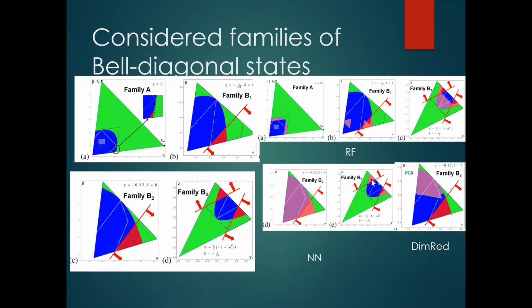The states in blue were classified by machine learning techniques as potentially entangled. If it's magenta, then the algorithm claims that it's entangled. Here you can see that, well, not machine learning, sorry, artificial intelligence, a different algorithm, tried very much to be creative, but it didn't have the physical content.